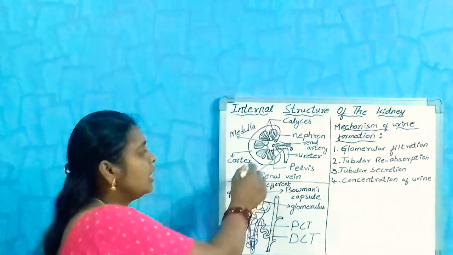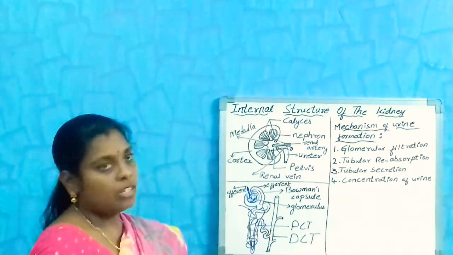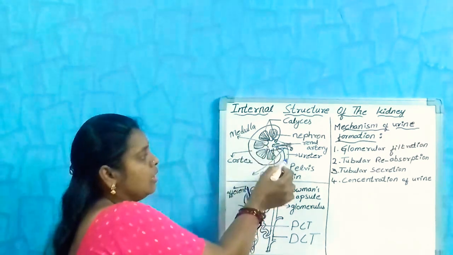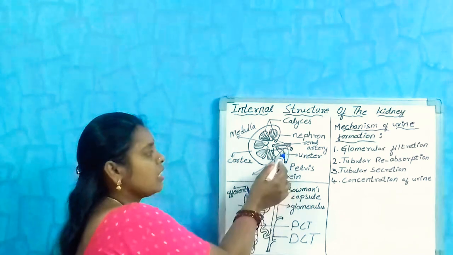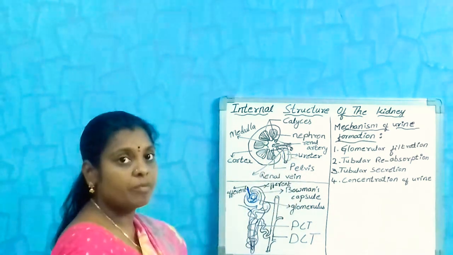If you observe the longitudinal section of the kidney, you can see this is the ureter, which is connected to the urinary bladder.